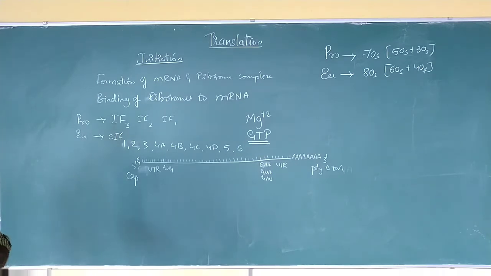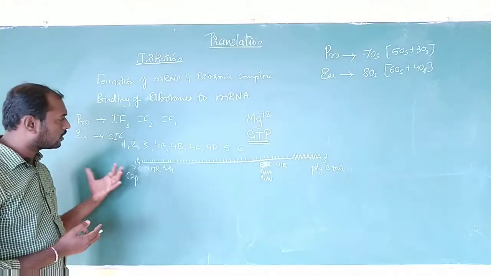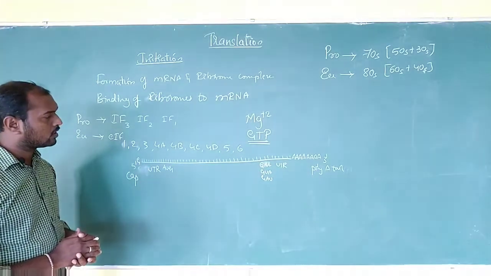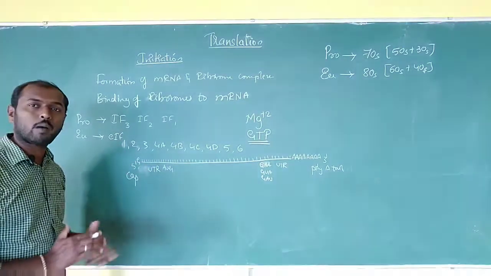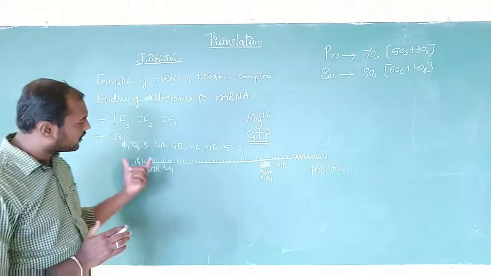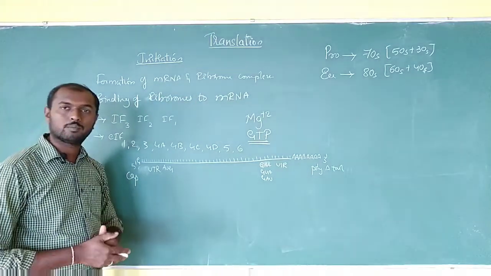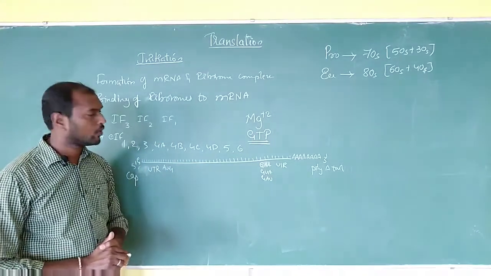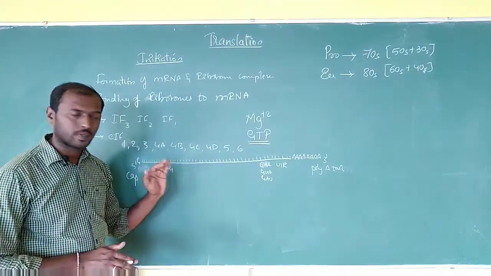Okay, these are the requirements, the factors for the formation of the complex, or assembly, of mRNA with the ribosomes, in prokaryotes as well as in eukaryotes. Okay, so hope you understood this.